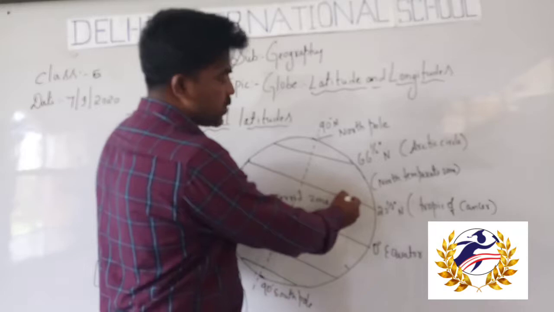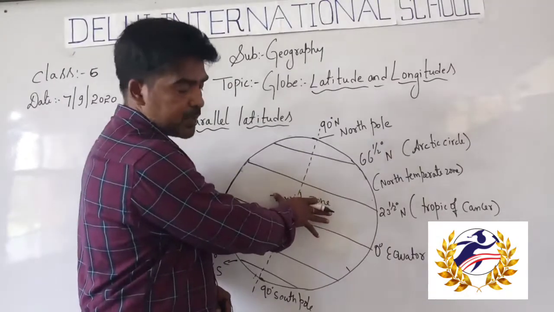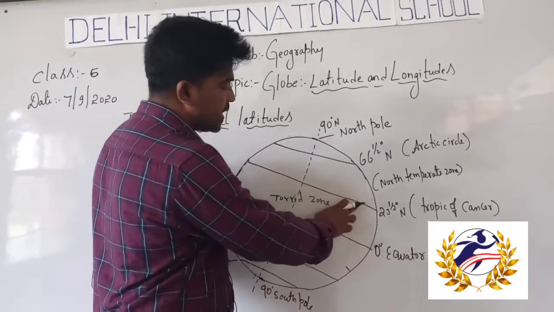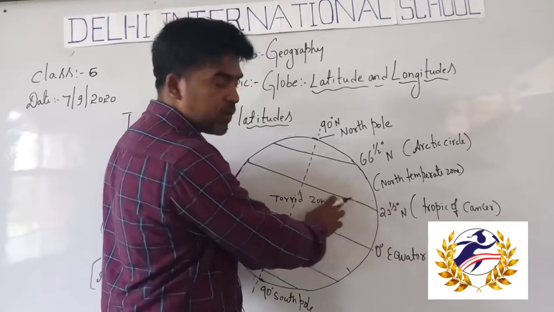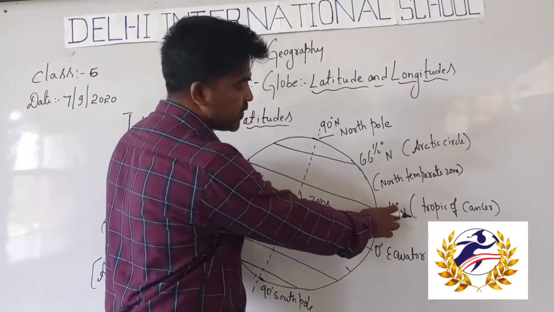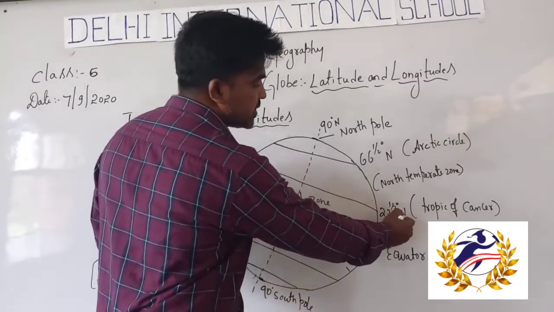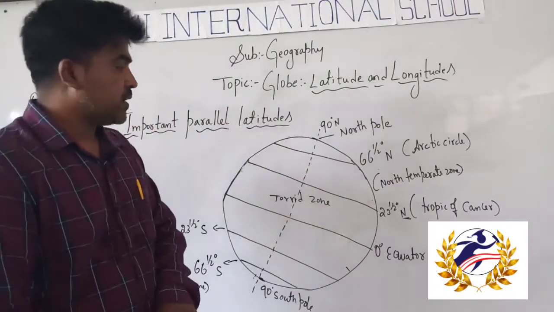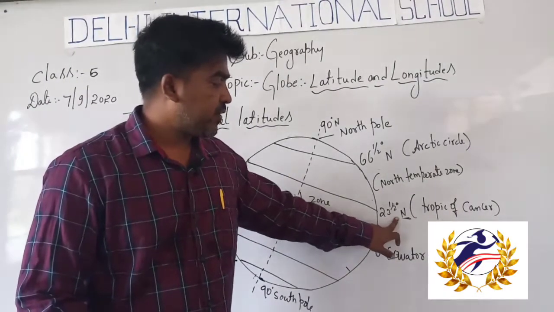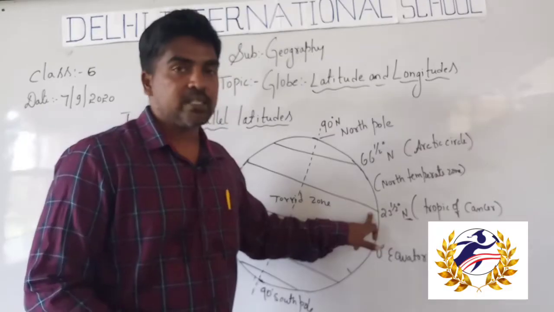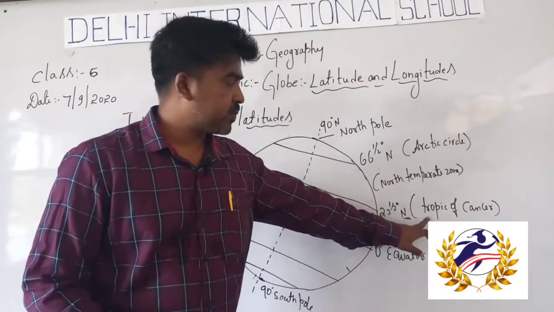If we come to the northern hemisphere, we have another important latitude, the value of which is 23.5 degree north. N stands for north. The name of this latitude is Tropic of Cancer.